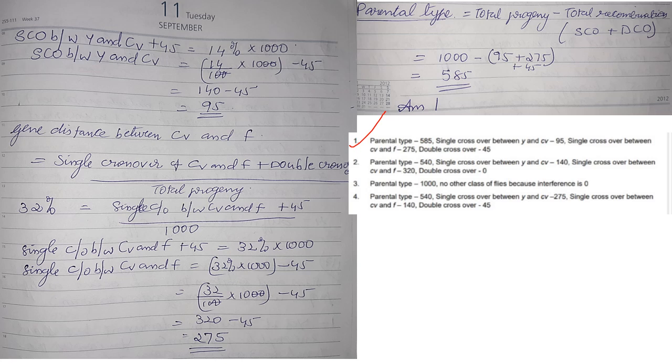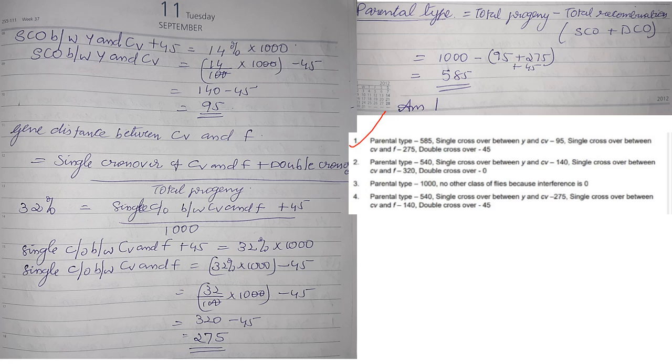Then gene distance between CV and F, similar to how we calculated the previous one, you can calculate here also. That will give you around 275. Then parental type is total progeny minus total recombinants. Total recombinants are your single crossovers plus double crossovers. So total progeny is 1000.